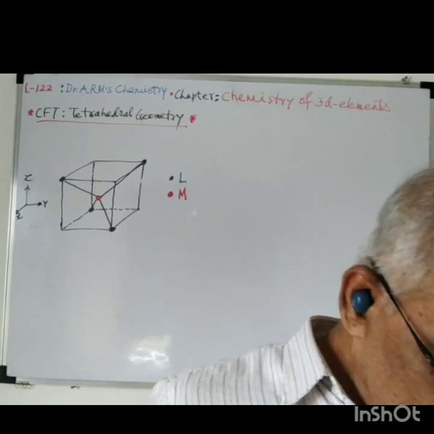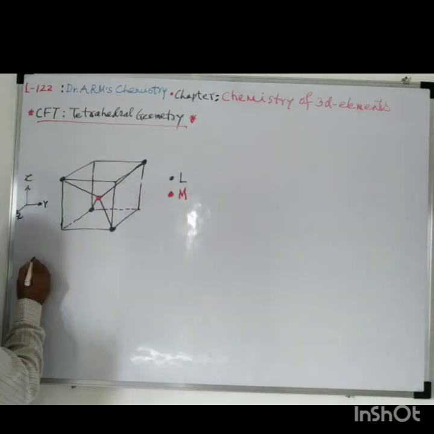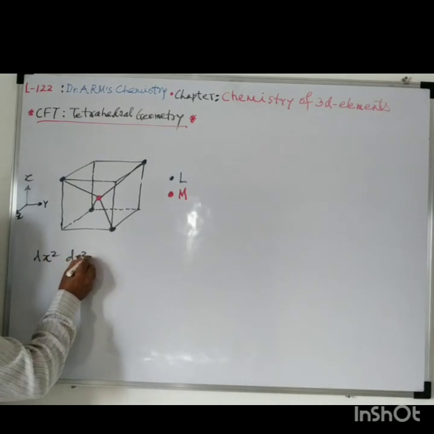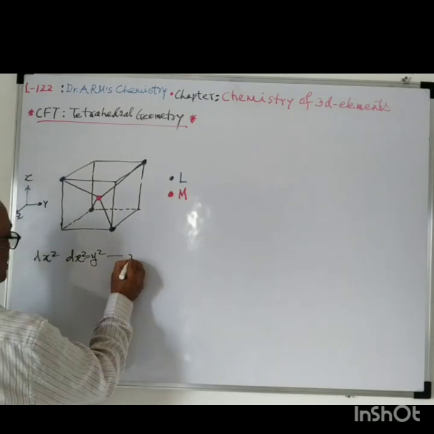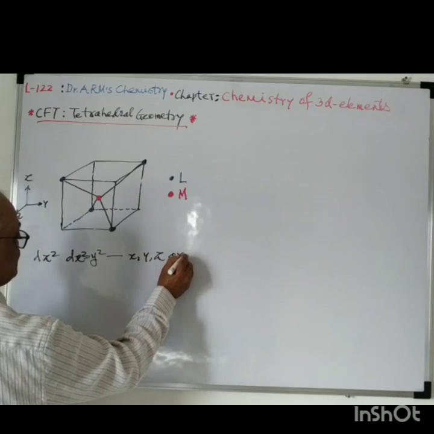We can imagine the orbitals like dz2 and dx2-y2, which are lying in the direction of the x-axis, y-axis, and z-axis.